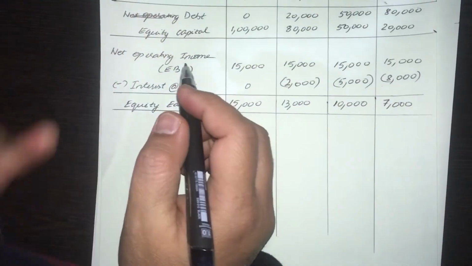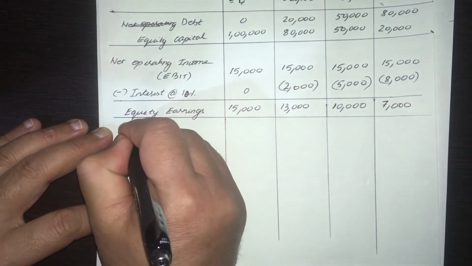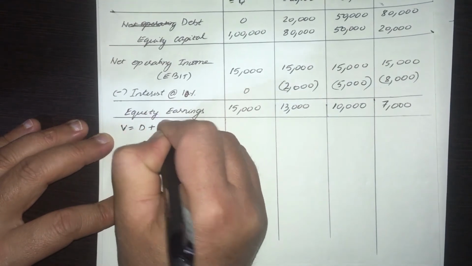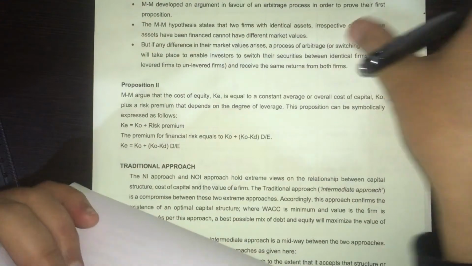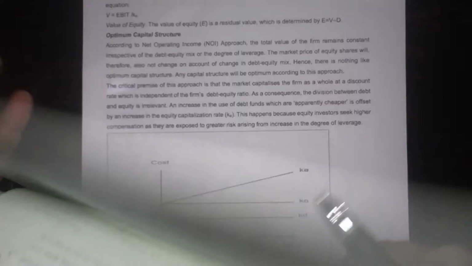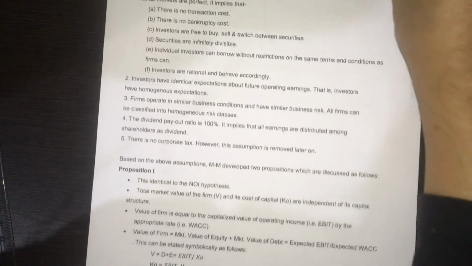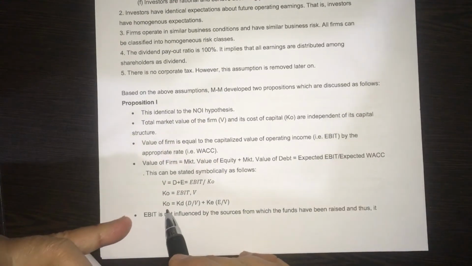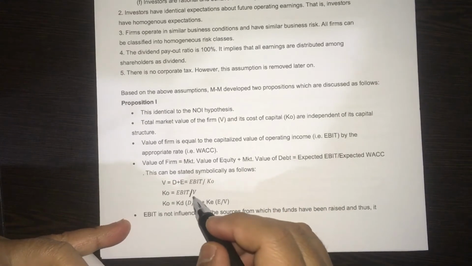All right, now let us find out the value of the firm. Now V is equal to D plus E, but at the same time V is equal to EBIT by KO, so KO is equal to EBIT by V, therefore V is equal to EBIT by KO.